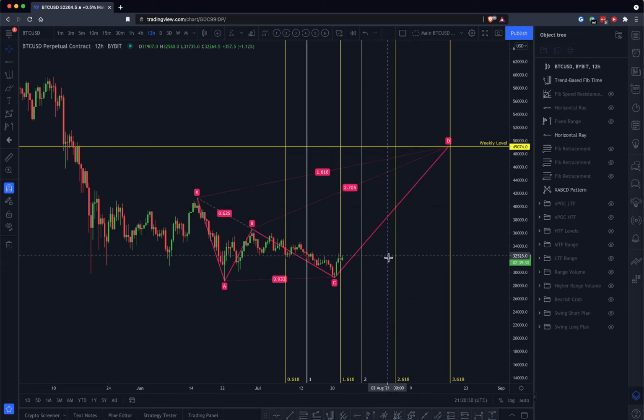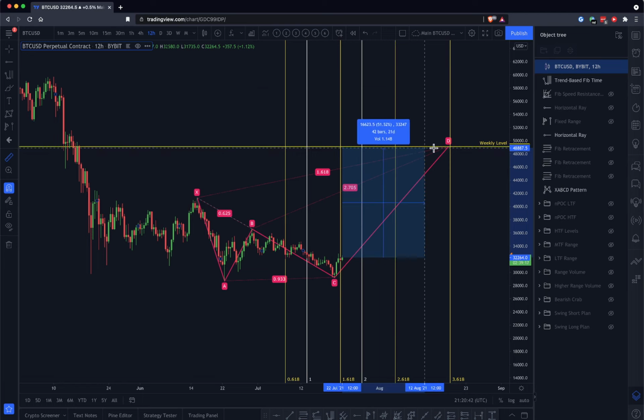From the time perspective, you can expect this move to happen either in the next 13 days or in the next 28 days.